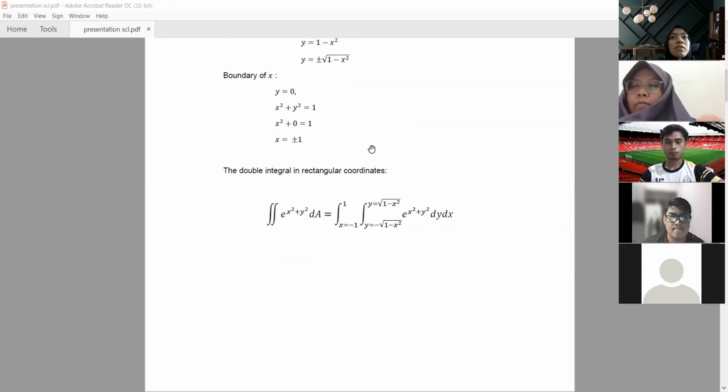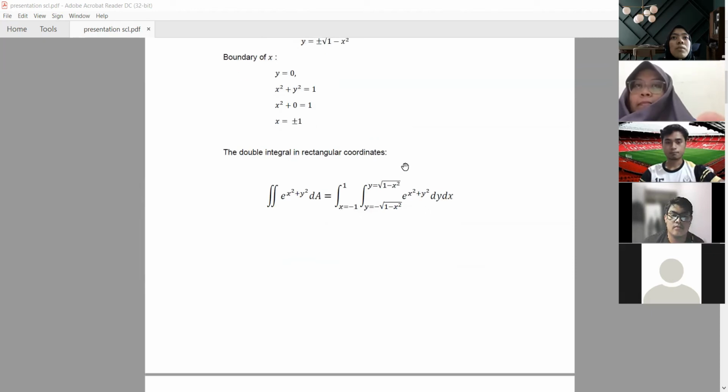So the double integral in rectangular coordinates is the integral from x equals negative 1 to 1, y equals negative square root of 1 minus x squared to positive square root of 1 minus x squared, of e to the power of x squared plus y squared, dy dx.